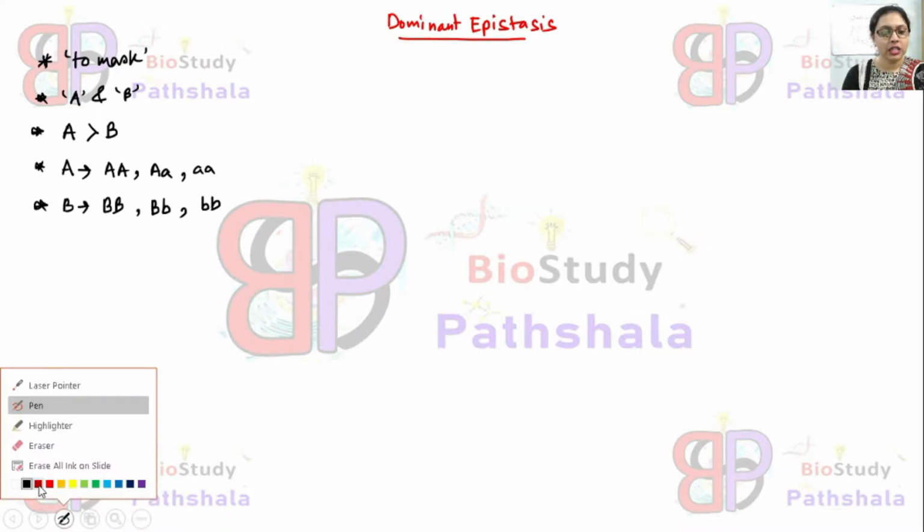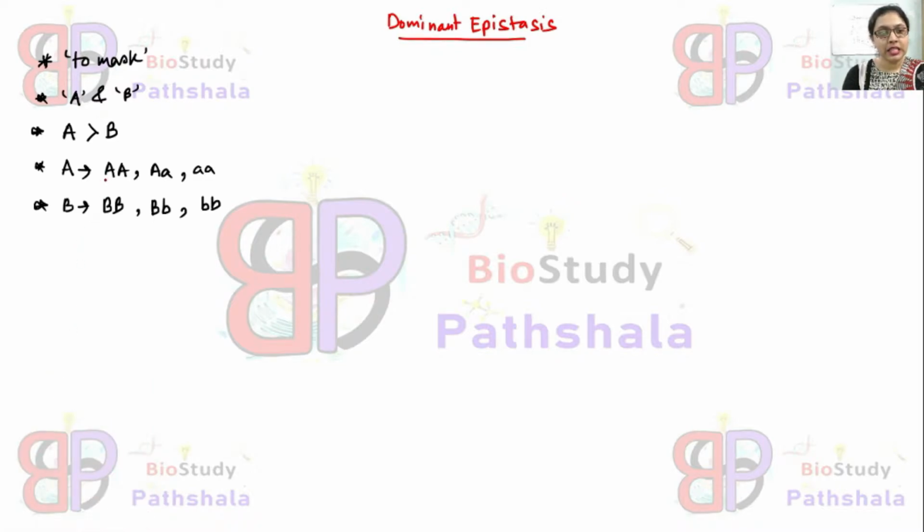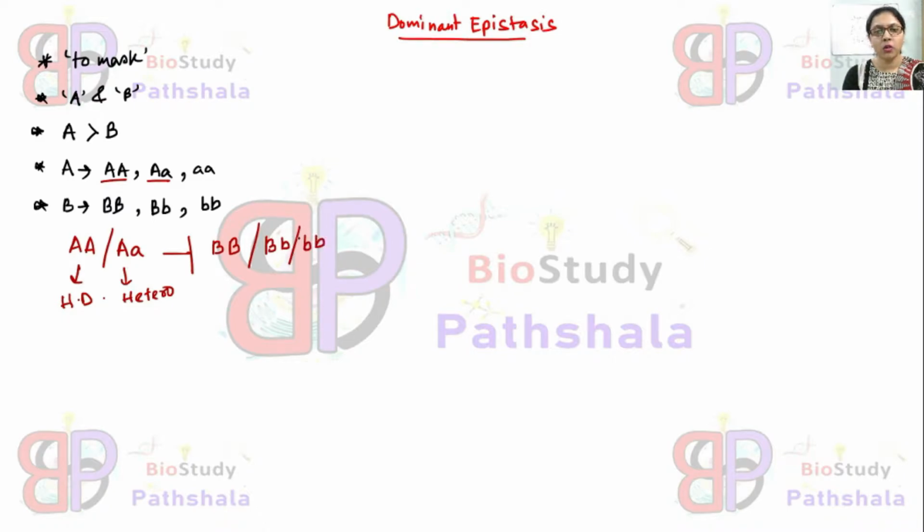That means the genotypes of A, the homozygous dominant genotype and the heterozygous genotype, either of them can show their dominancy or epistatic effect on B gene, whether B is capital B or small b.